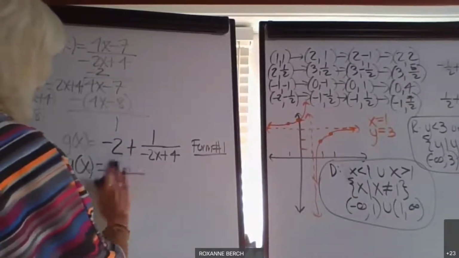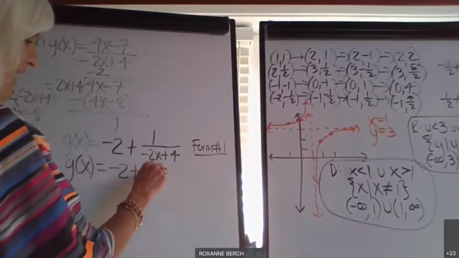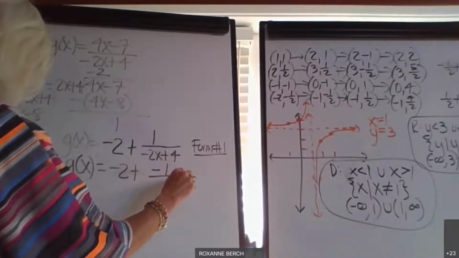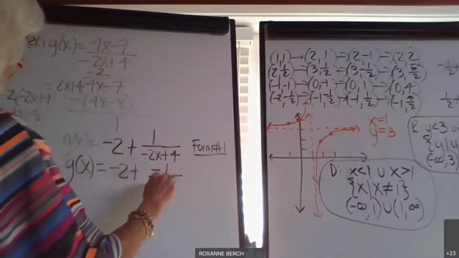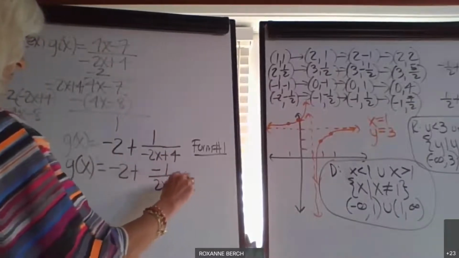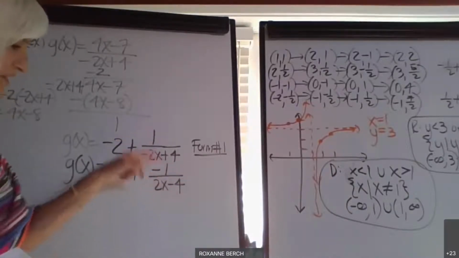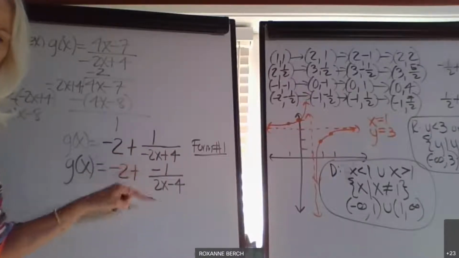Let me slow down. If I move that negative up, wouldn't this be a positive 2x minus 4? So if I move a negative up, doesn't everybody flip? Isn't this equivalent to that? Yes, no?